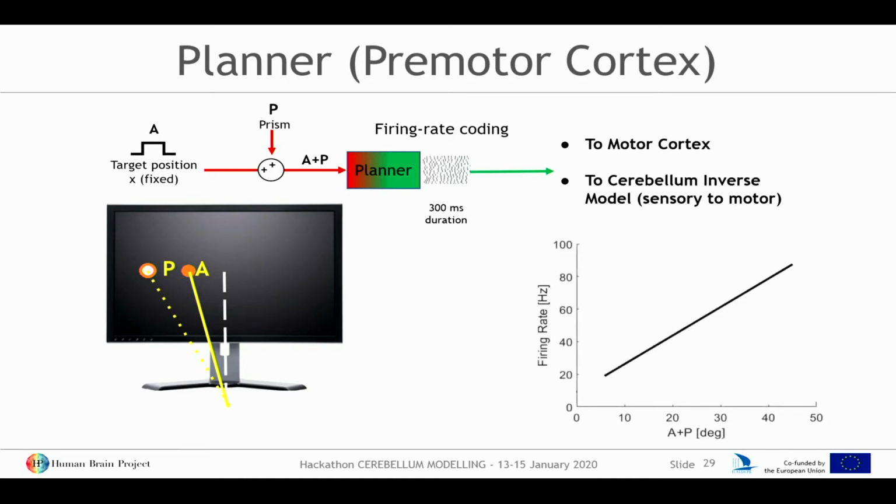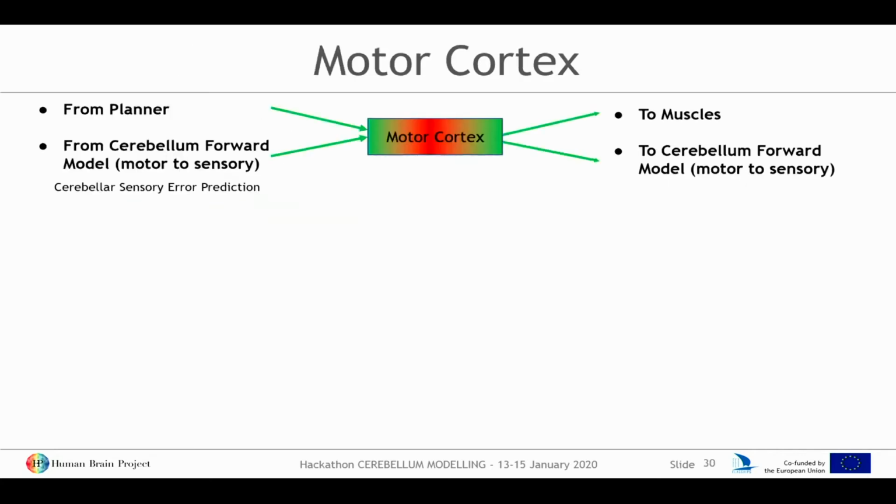And we have a linear dependency of the firing rate of the planner on the desired position that we want to reach. Then the motor cortex receives input from the planner and also from the forward model of the cerebellum, so the sensory information, and it generates torques, it generates spikes to the muscles, and that also goes as a reference copy to the cerebellum.